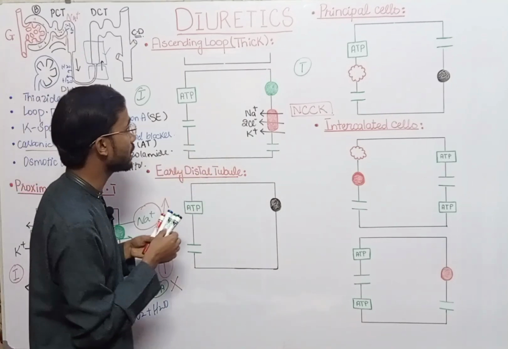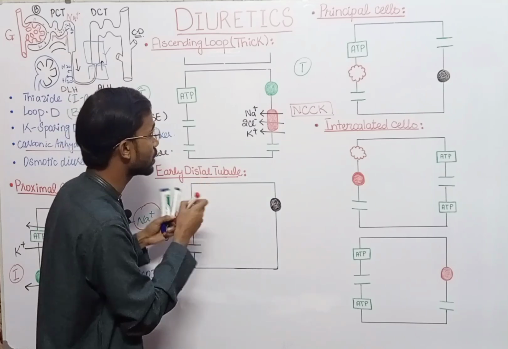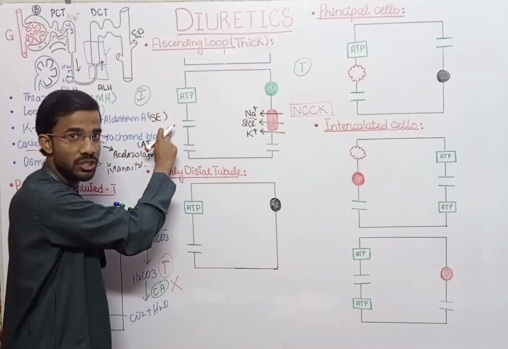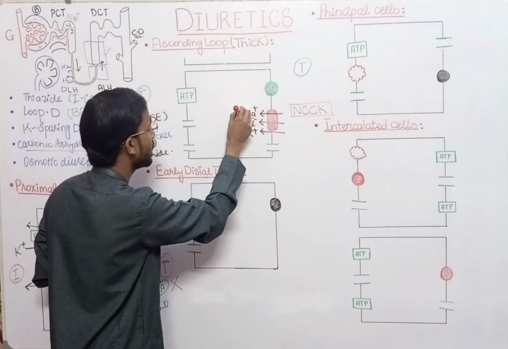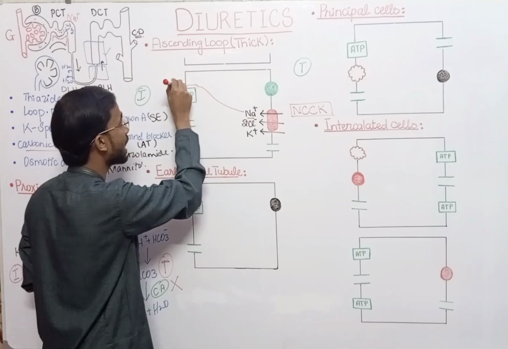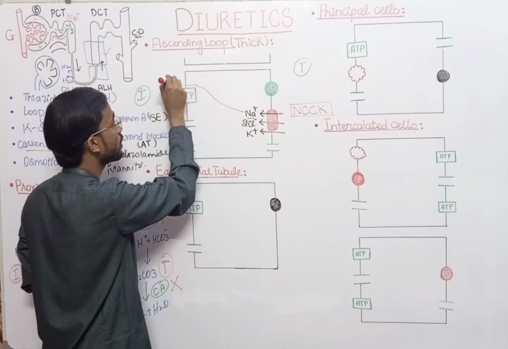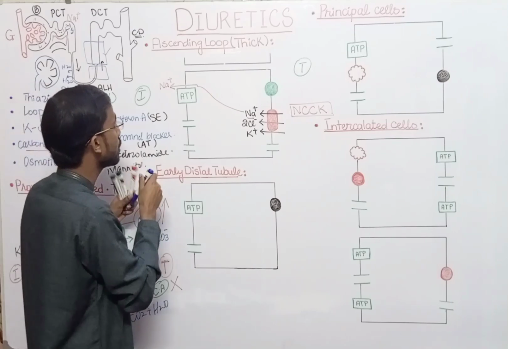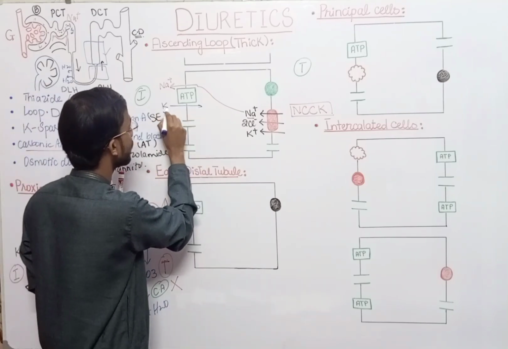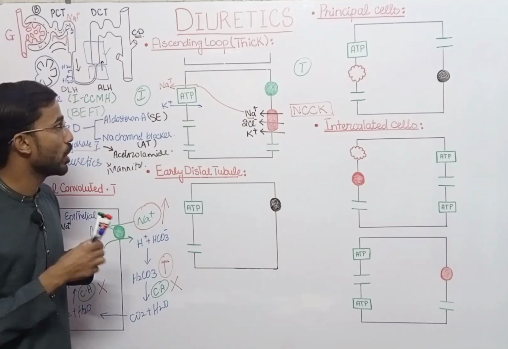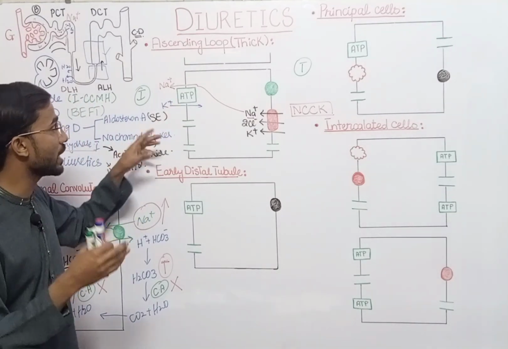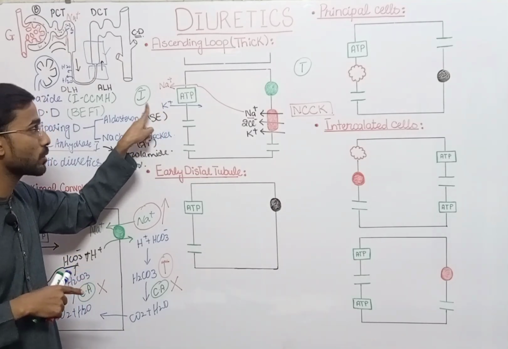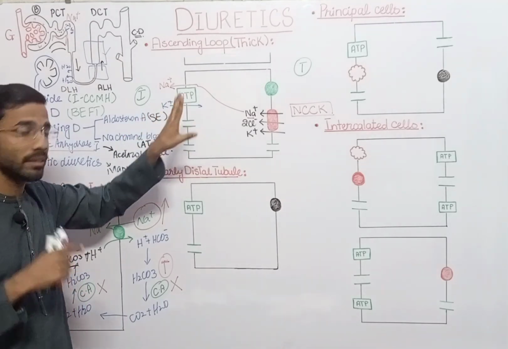Next, you will see that this sodium will move into the interstitial space this way, through the sodium-potassium ATPase pump. Sodium will move out, and along with that, potassium will move inside the epithelial cell. So there is an exchange: sodium moves into the interstitial space, and from the interstitial space potassium moves into the epithelial cell.